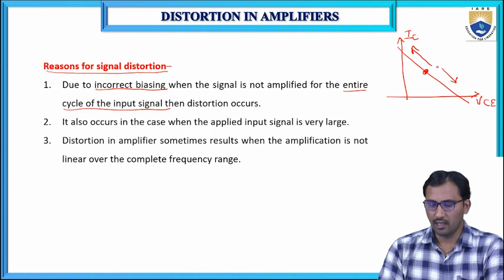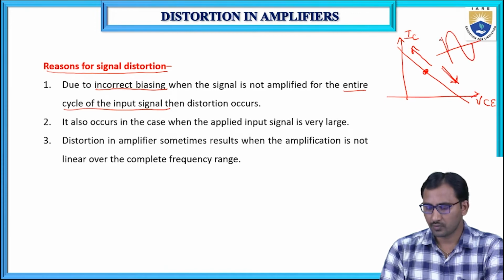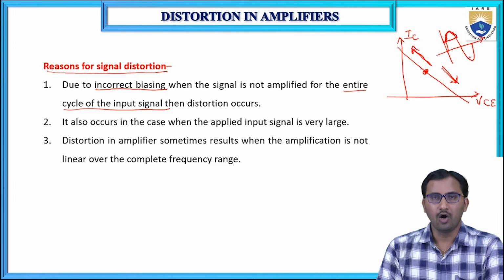Similarly, if the operating point is shifted down, then the negative peak of the output waveform might be affected. So this is the output signal. If the operating point is shifted upside, then this positive peak will clip off. Similarly, if it is shifted downside, then the negative peak of the output waveform will be clipped off.